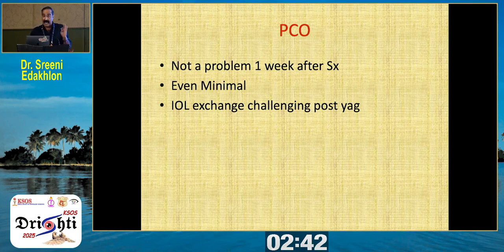But in case of multifocal lenses, if they have a problem, recently I had a patient done about 5 years back, initially was happy, then somehow missed, went all around, talked about IOL exchange and all, then finally came back to me. There was a PCO, minimal PCO. I did a YAG, patient is happy.